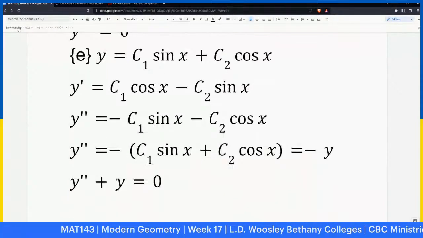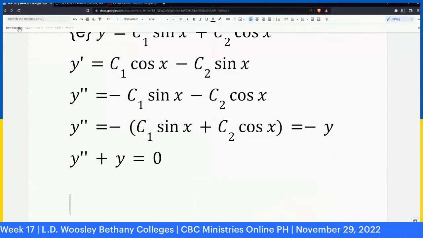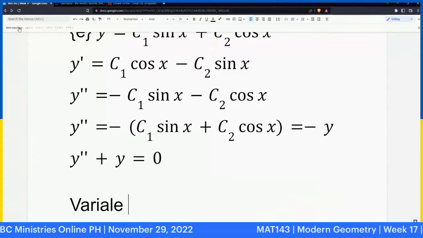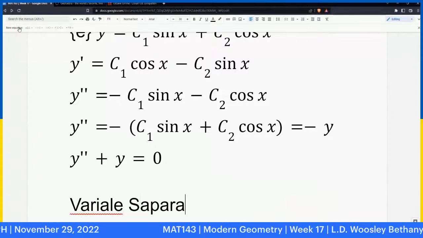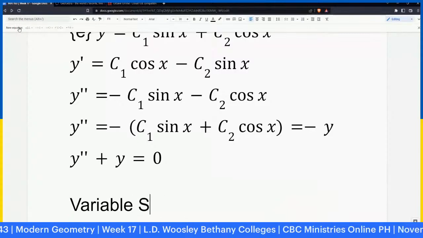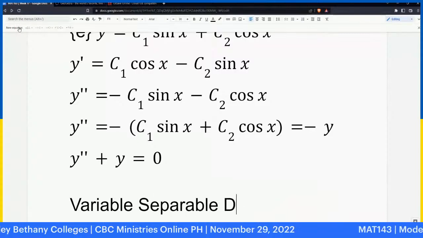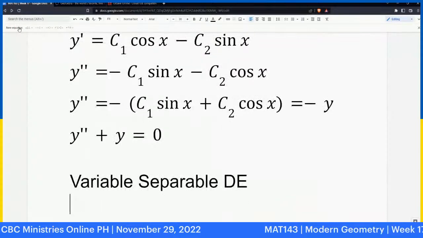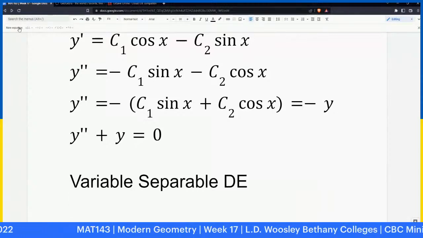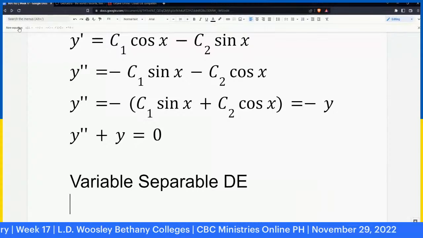Now let's move on here. This time we are now looking into the variable separable differential equation, wherein we could just easily separate the variables from the respective derivatives or differentials and perform the indicated integration.